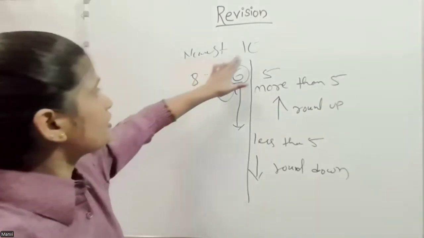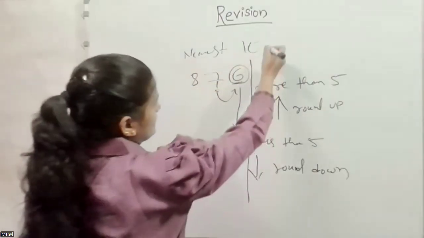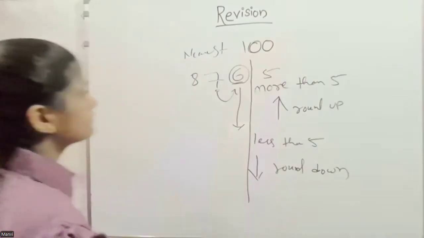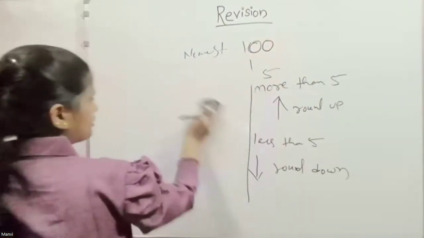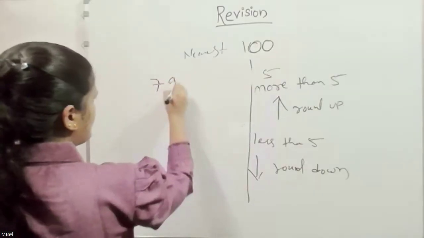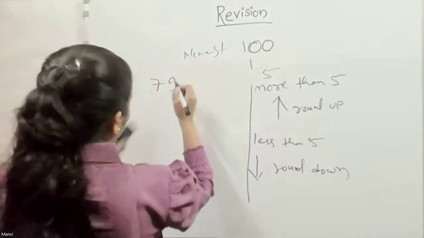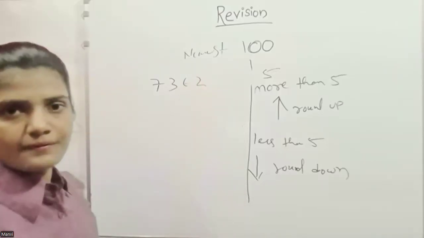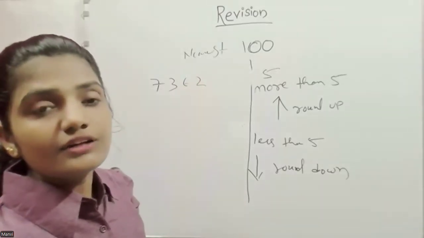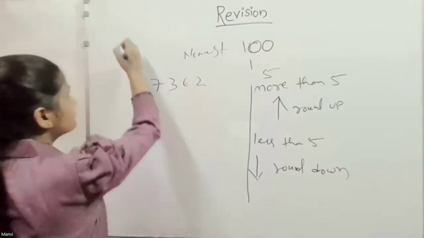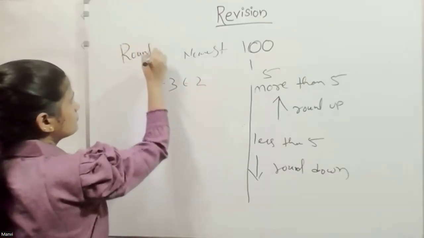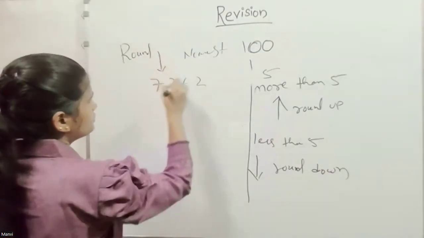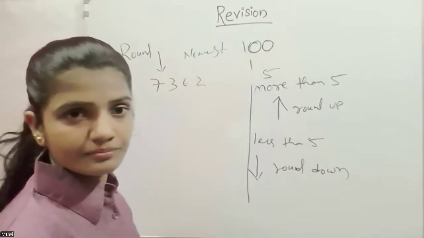Okay. So here we're talking about nearest 10. What if we need to round to the nearest 100? For 100 as well, the approach is the same. If we have some different numbers, 7, 3, 6, 2, something like this, and they say round this number to the nearest 100.